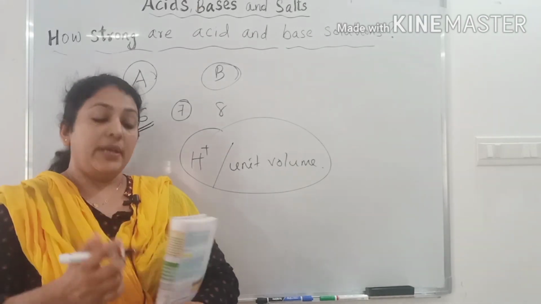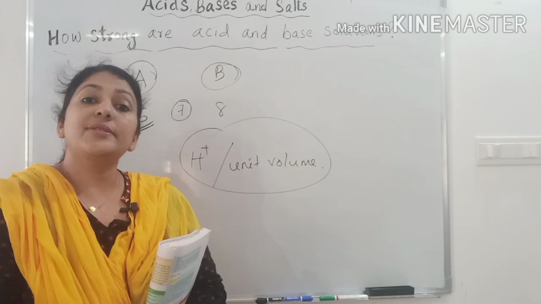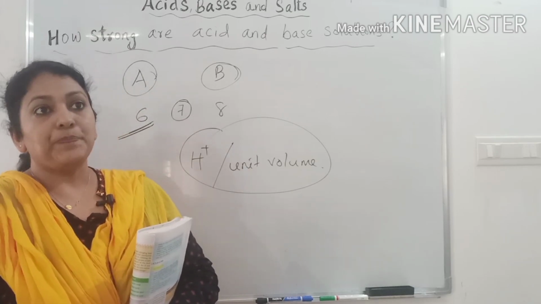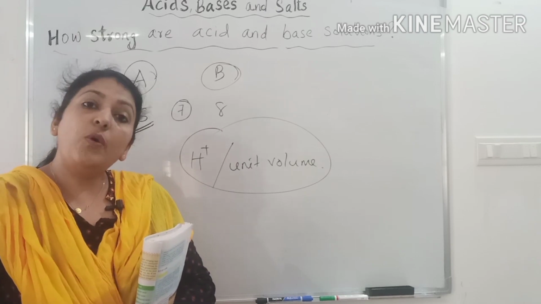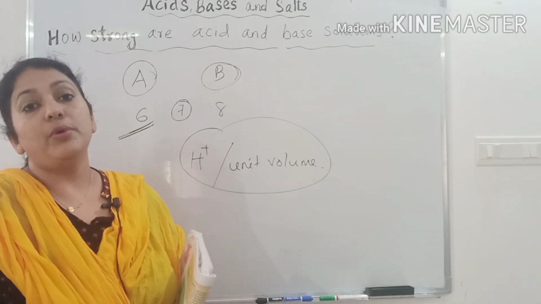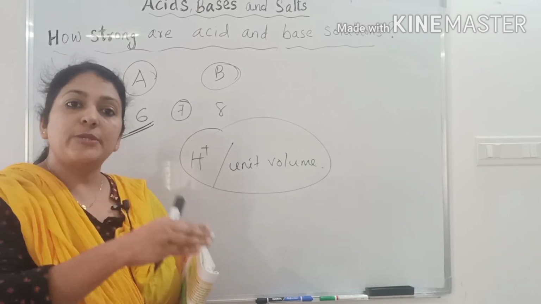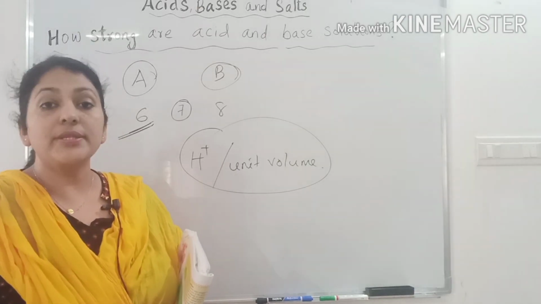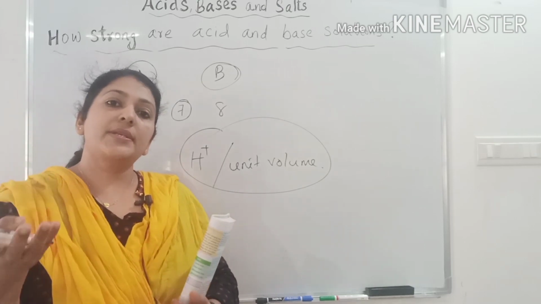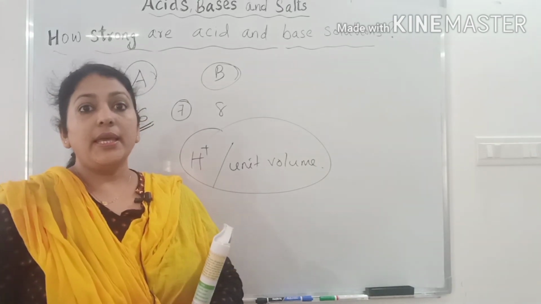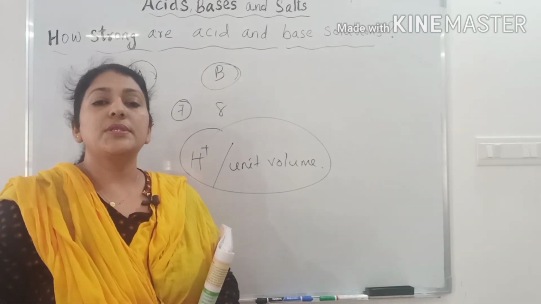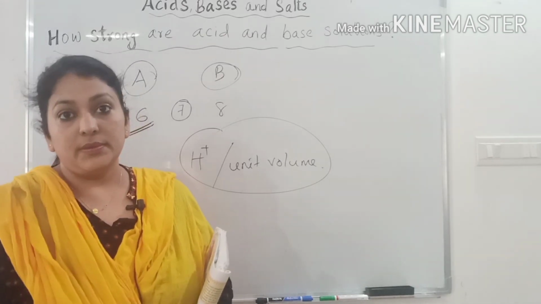Okay. Now, remember, a basic solution can also release H plus ions, but the number of OH minus ions is more per unit volume compared to H plus ions. Therefore, it is called basic. So, how are acidic solution and basic solution classified? By which ions are more in number.